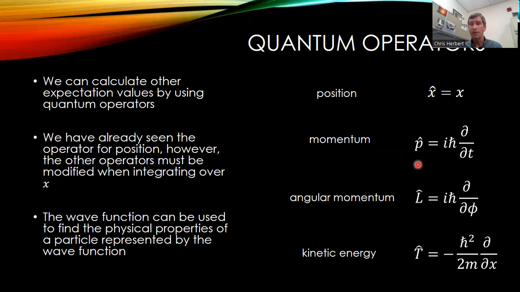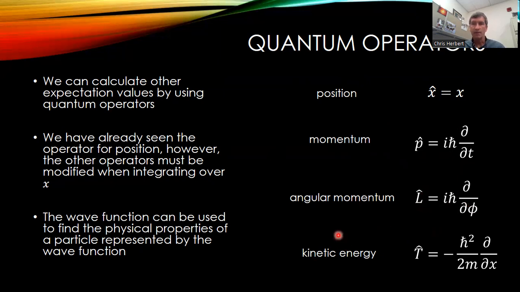The reason for this is that I'm integrating with respect to position in that integral that I showed previously. If I wanted angular momentum, there is an operator for that. If I want kinetic energy, there's an operator for that.